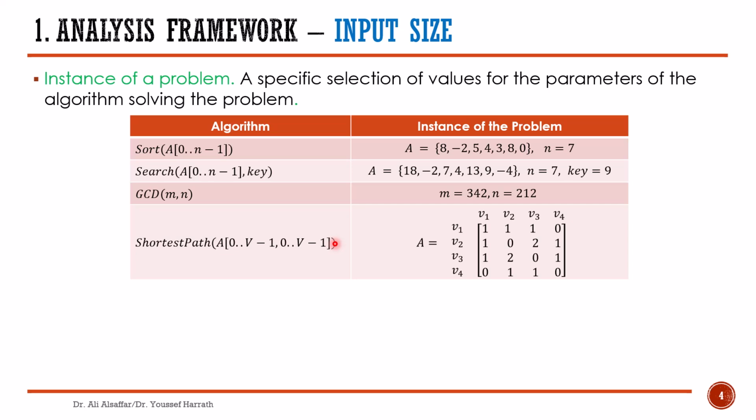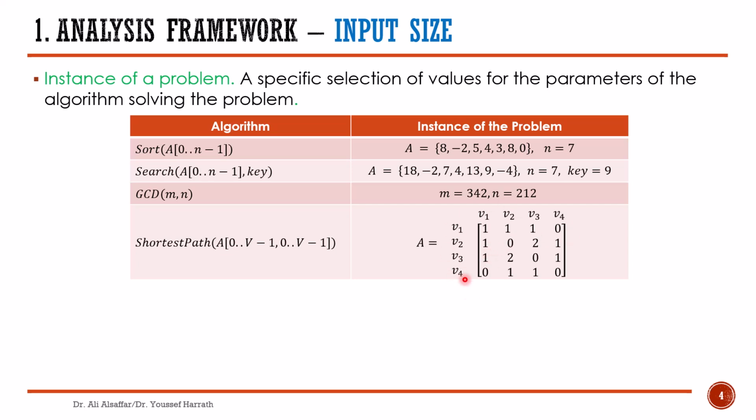Finally, for the shortest path problem, the input parameter might be a two-dimensional array that represents the adjacency matrix for a graph of size v by v, where v is the number of vertices of the graph. Any particular adjacency matrix with a given number of vertices and specific values for the entries of the matrix would be an instance of the shortest path problem.